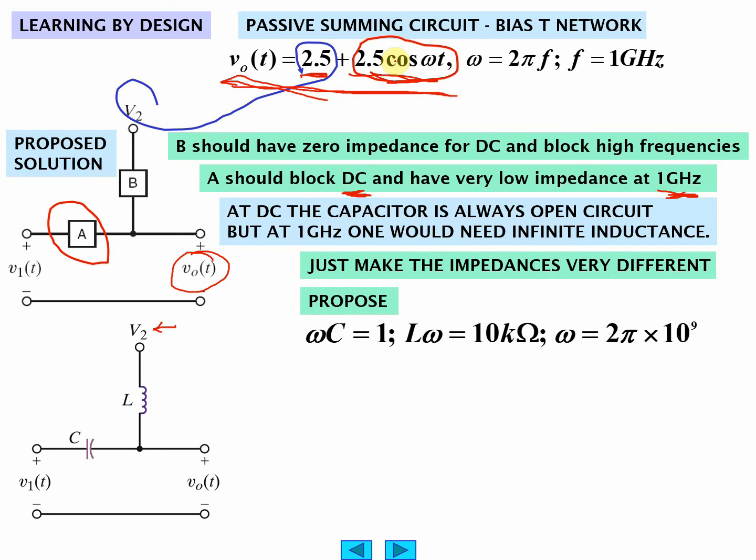You can't make L infinite, but you can make it reasonable. This is impedances which have a ratio of 10,000 to 1.